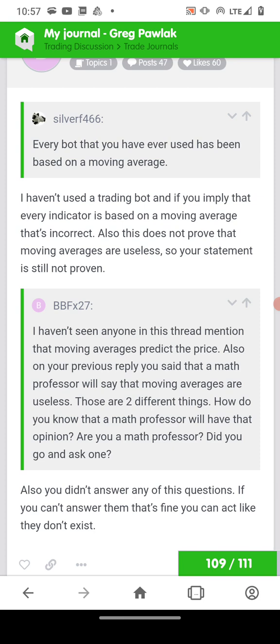Every bot that's out there on the street... Excuse me, I didn't mean to accuse you of anything, BBFX. I haven't used a trading bot, and if you imply that every indicator is based on a moving average, that's incorrect. Okay. Show me. Come on, show me. Show me an indicator out on the street that's not based on one or more moving averages.